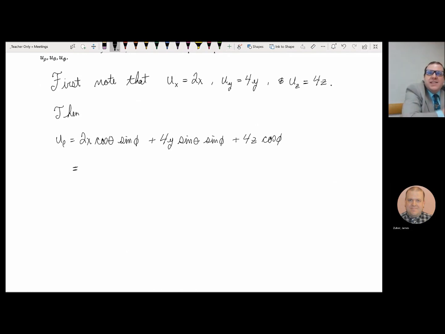But we can't leave it like that, right? That's a mixture of rectangular and spherical. We want it to be strictly spherical. x is rho cosine theta sine phi, right?